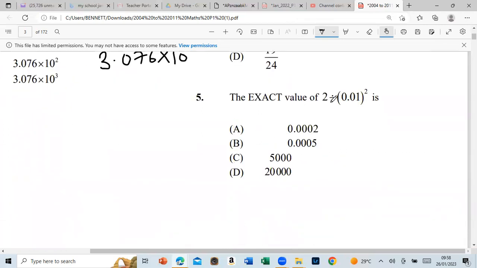The exact value of 2 divided by 0.01 squared is. Alright, so let's go. This one can be a little bit tricky. First we're going to square this. Now we know that it's basically 1, but it's 4 decimal places. I'll rewrite it for purposes of clarity. Last time I just circled the answer and persons were saying, oh my god. So we have 2 decimal places here, it should be 4 also.